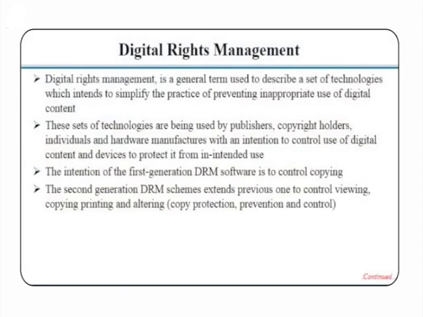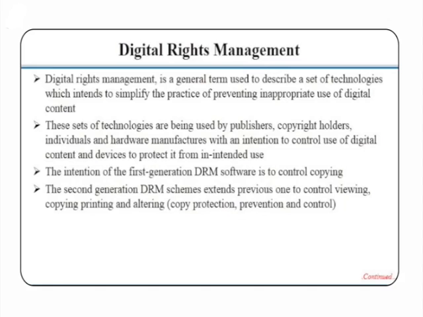Digital rights management is a general term used to describe the set of technologies which intends to simplify the practice of preventing inappropriate use of digital content. This set of technologies is being used by publishers, copyright holders, individuals and hardware manufacturers with an intention to control use of digital content and devices to protect it from unintended use.